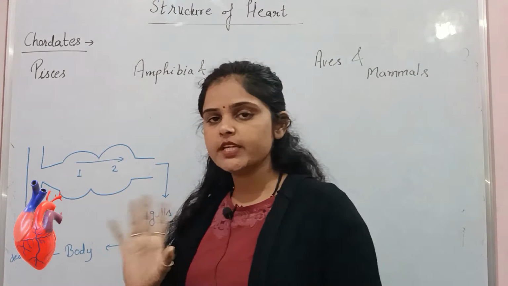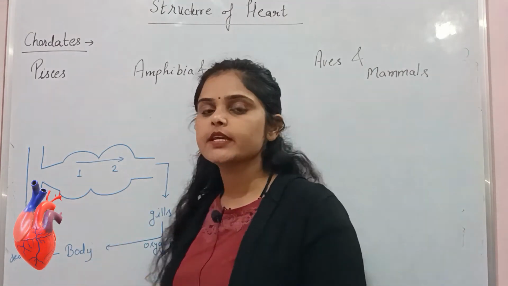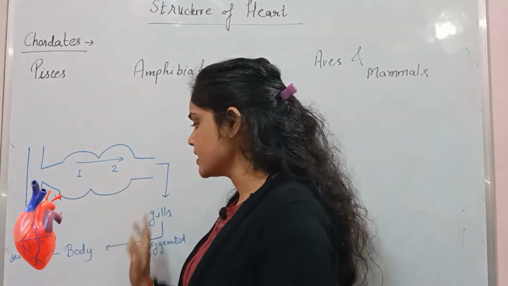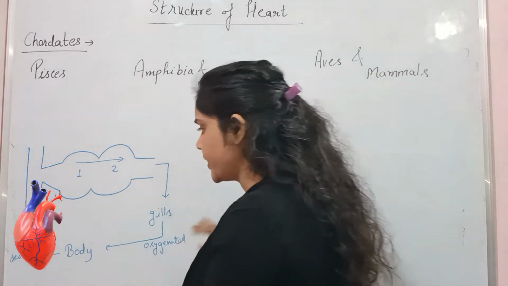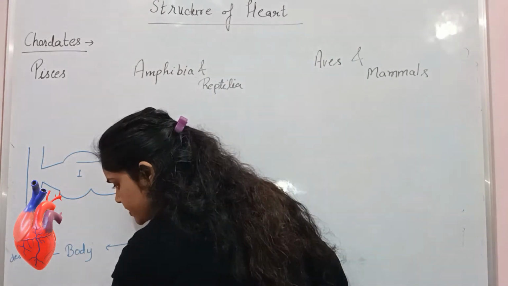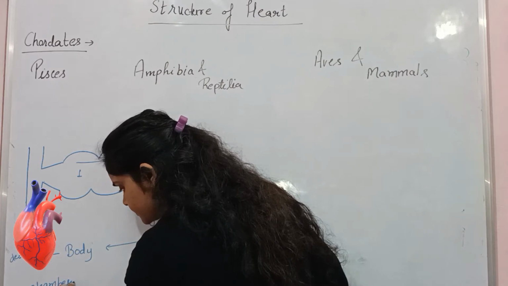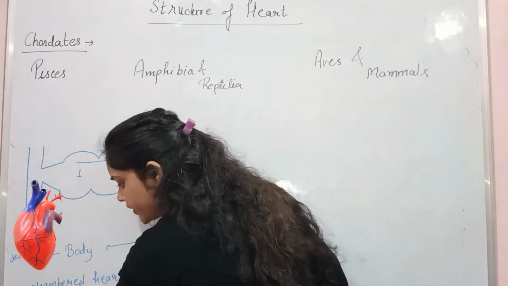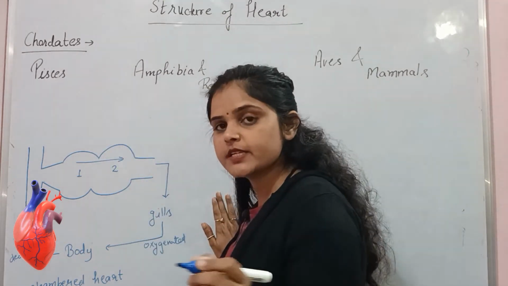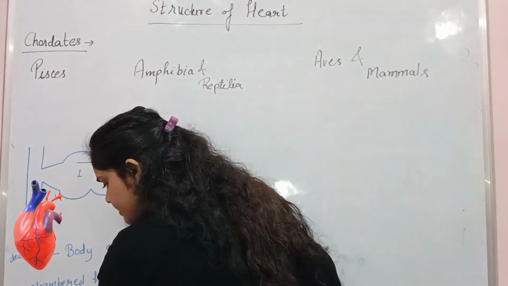So in Pisces, the blood is flowing in a single way. A single kind of circulation is present. So we say in Pisces a two-chambered heart is present, and only a single circulation of blood is occurring.